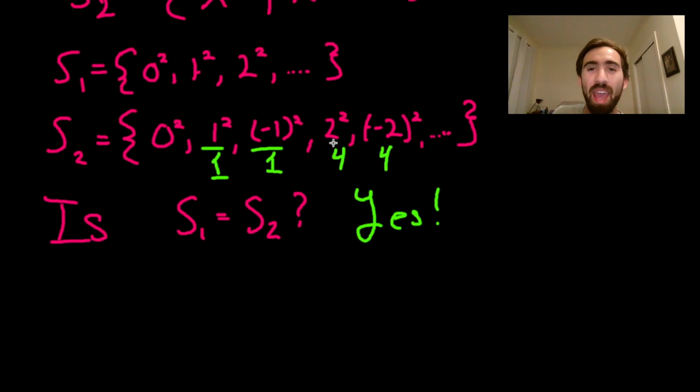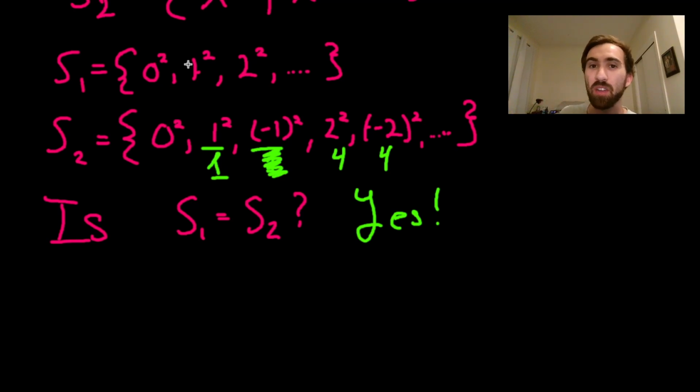So the fact that we have the same value repeated multiple times, we don't care about that. All we care about is, is the number 1 a member of our set? Yes. Is 4 a member of our set? Yes. Remember, all we care about with sets is whether the element is inside or not inside of the set. We don't keep track of the number of times you plug it in. It's either in or not inside.